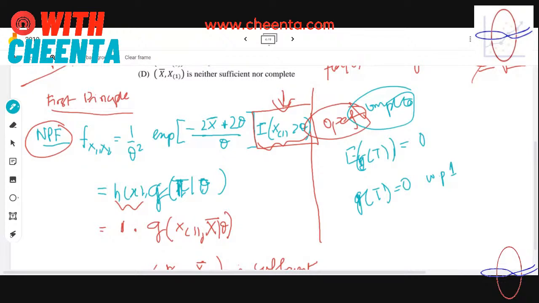So yeah, that's the idea. Functions of complete statistics are complete statistics, right?